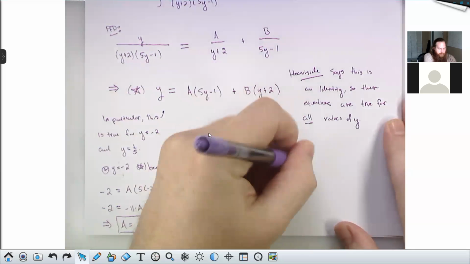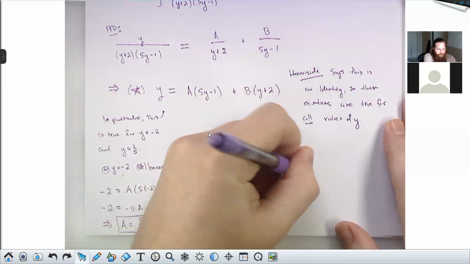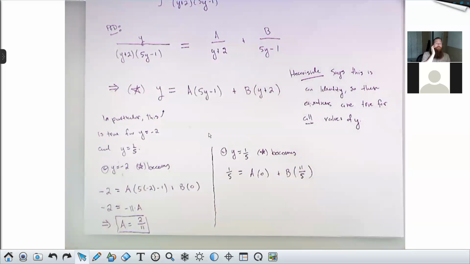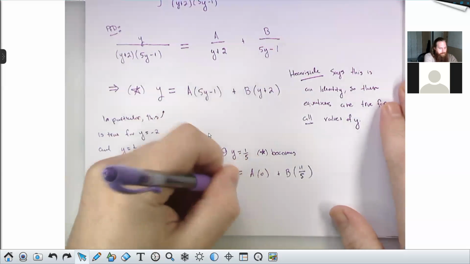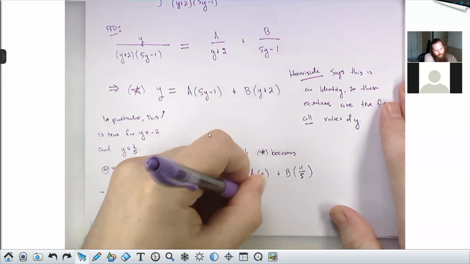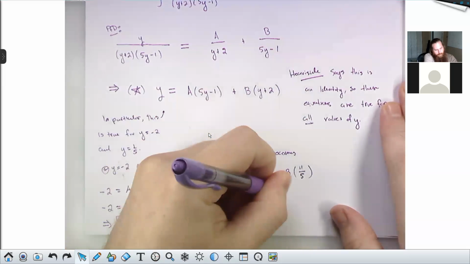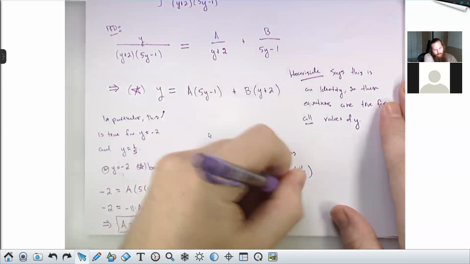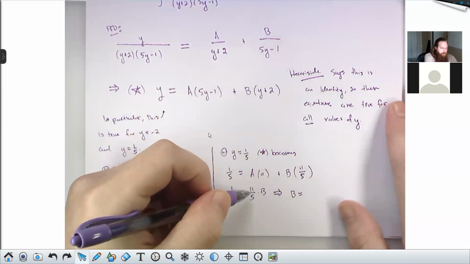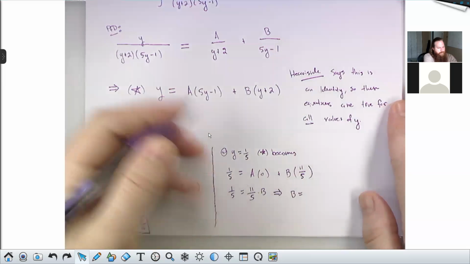So that's 11/5. So I have 1/5 equals 11/5 times B. Which means B has to be, we multiply both sides by the reciprocal of 11/5, and you get 1/11.